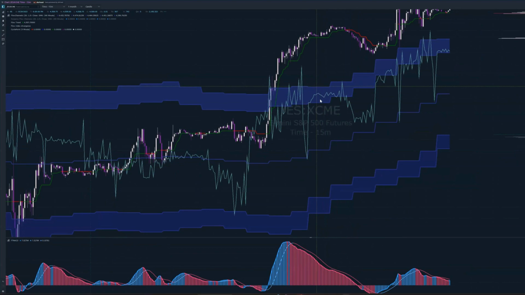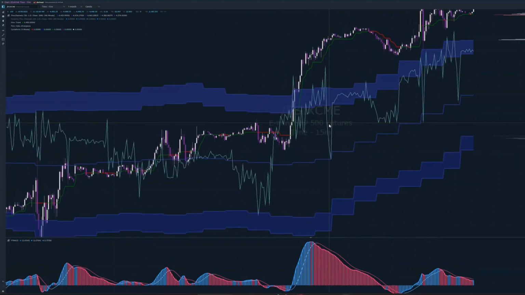Basically, the Celt levels are ATR levels. We have our upper band and our lower band. The inside line of the band is what we refer to as the 1.5, the 1.5 ATR. The second line of the band is what we call the 2.0, the 2.0 ATR of the band.